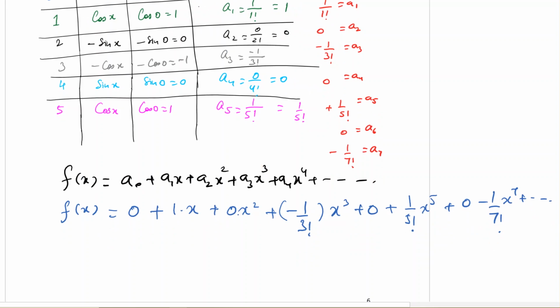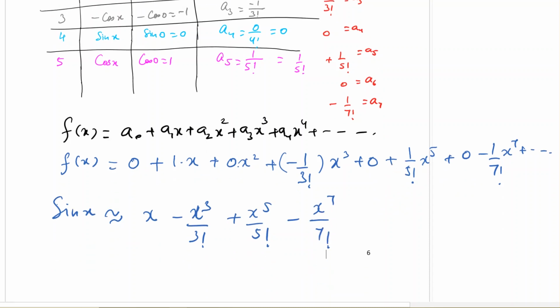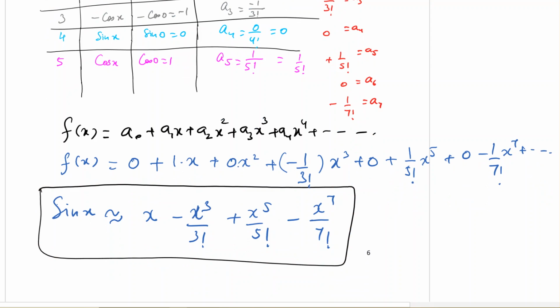So we got that sine x is approximately equal to x minus x cubed over 3 factorial plus x^5 over 5 factorial minus x^7 over 7 factorial. These are our first four non-zero terms of the sine x Maclaurin series.